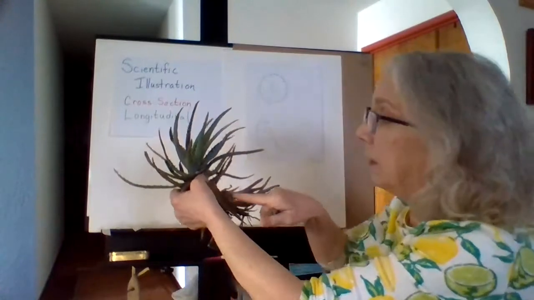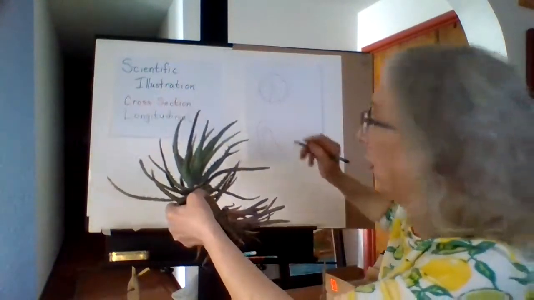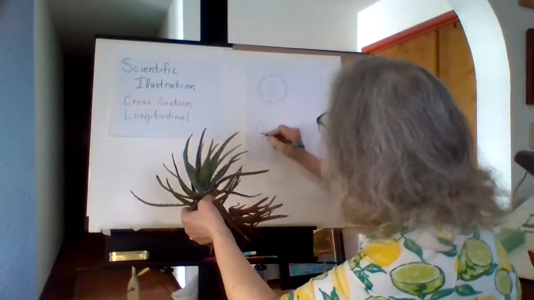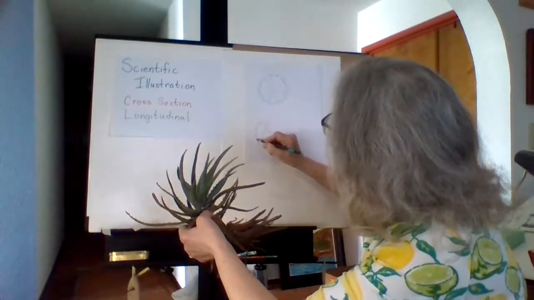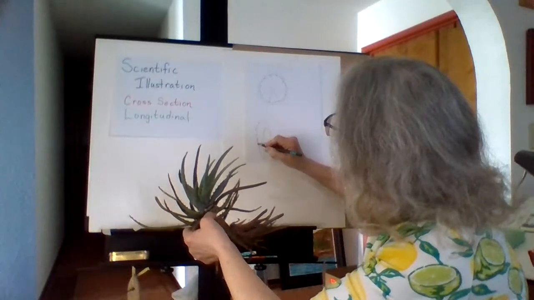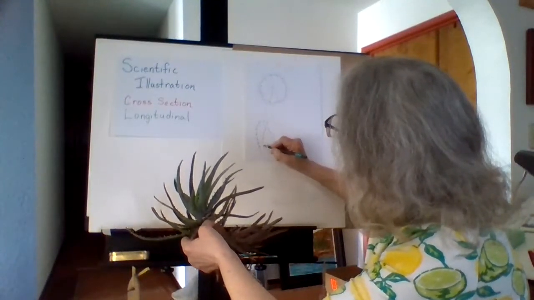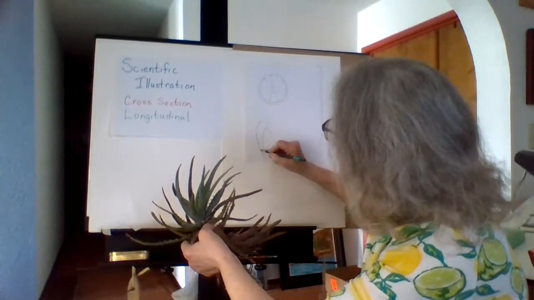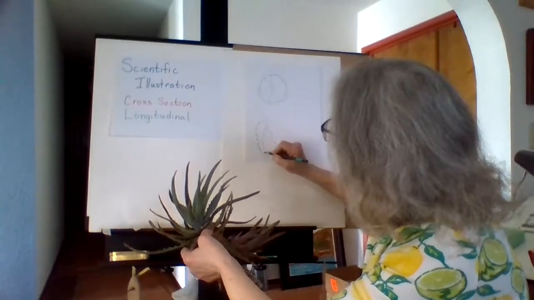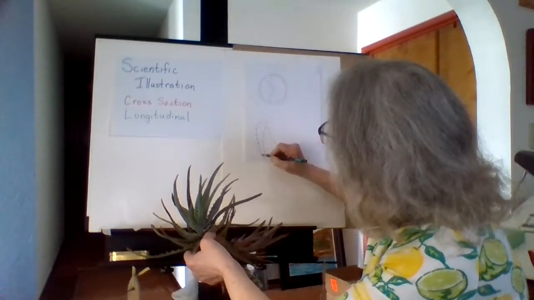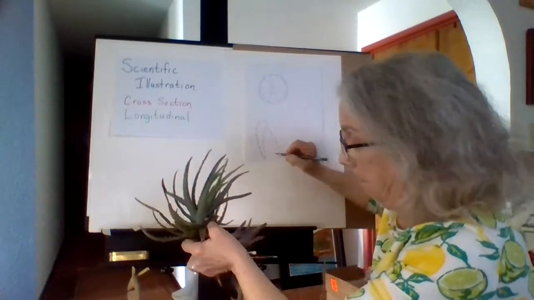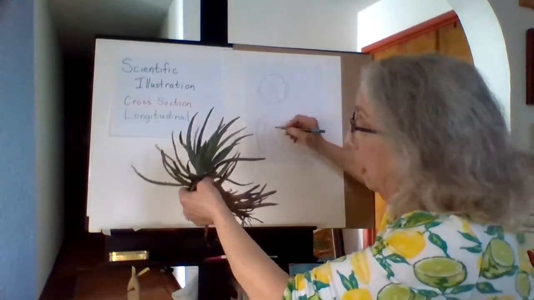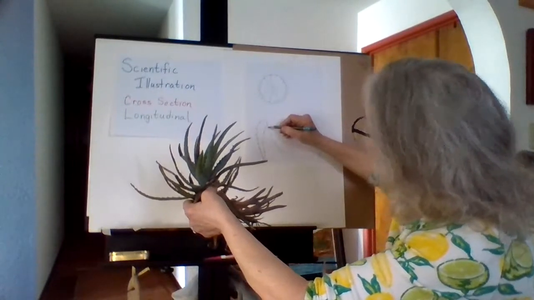And I see that these little stickers that come up on the sides of the leaf are paired. So if there's one on one side of the leaf, there's one on the other side of the leaf. And sometimes they look like they're pointing up, sometimes they look like they're pointing down or to the side. Okay, and I'm getting the root in here.